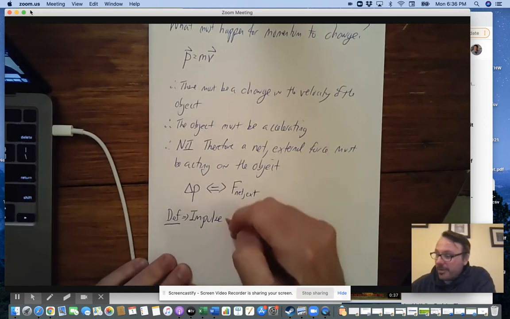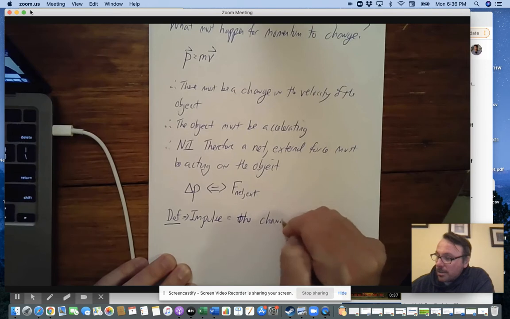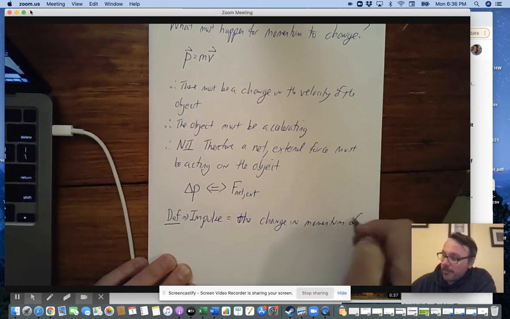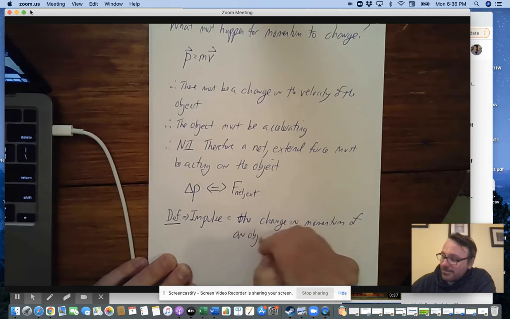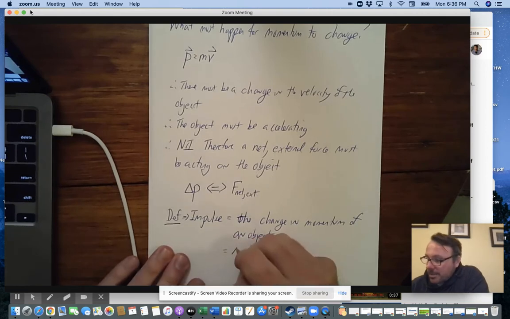An impulse is defined as the change in momentum of an object. That's it. Impulse is the change in momentum. So we define impulse. Impulse is delta P.